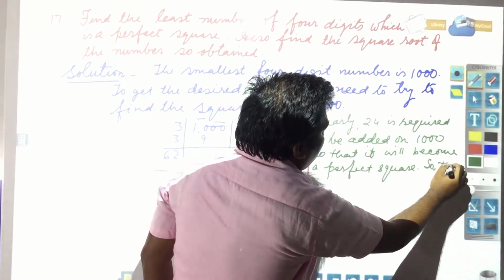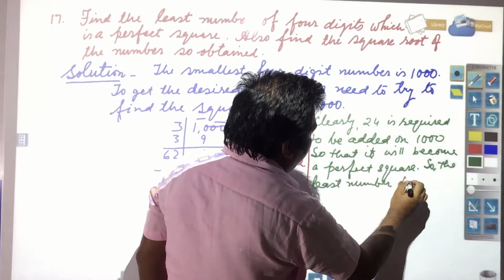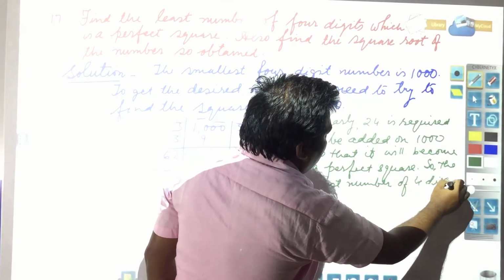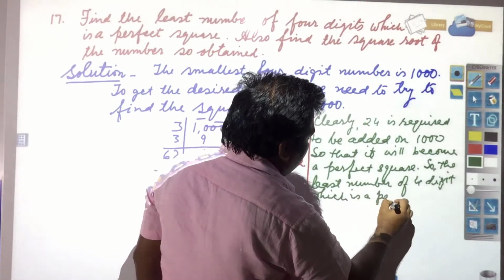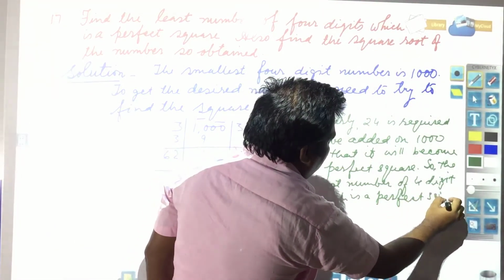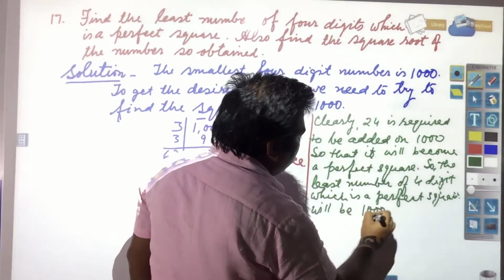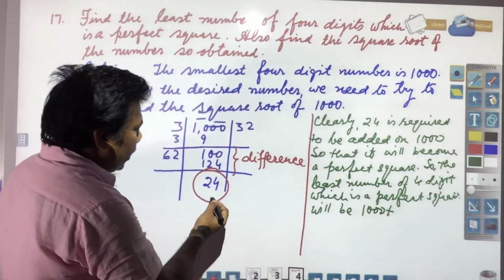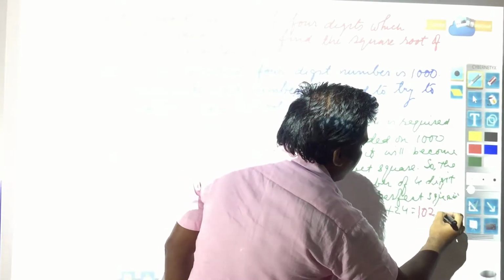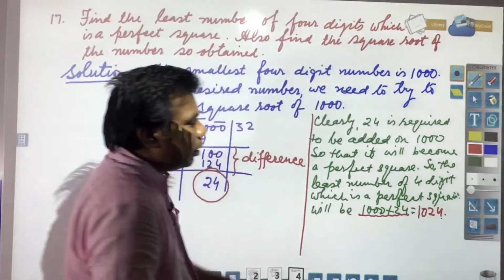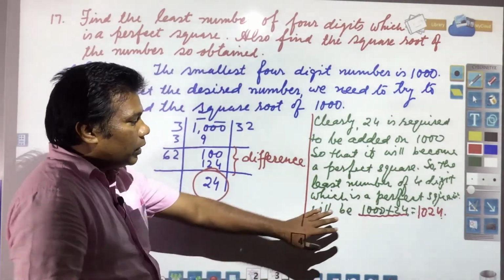So the least number of 4 digits which is a perfect square will be 1000 plus 24, it means 1024, and this will be your answer.